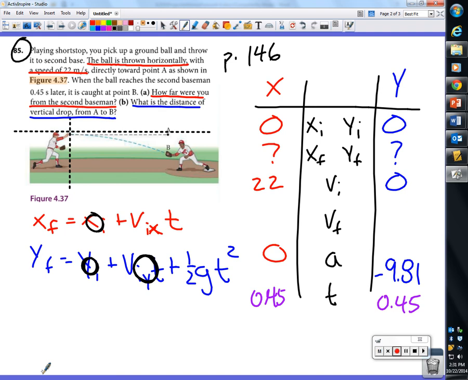Now we can start plugging in things that we know into this equation and figure out what is the final position on the x-axis, final position on the y-axis. So, if you haven't started doing that already, go ahead and do so. Go ahead, Brett. Oh, is this 9.9?